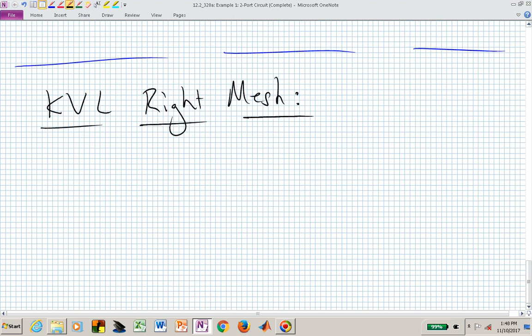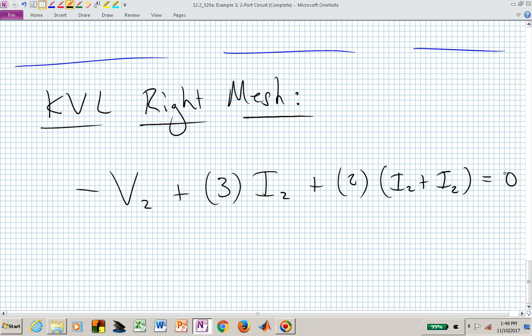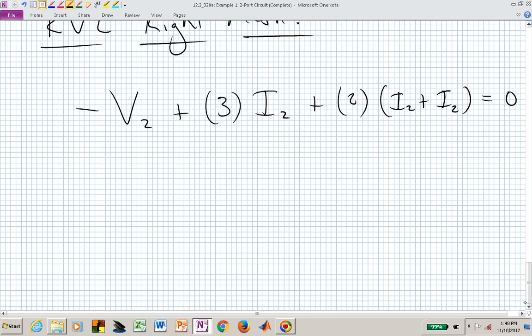Then at the right mesh, we have minus V sub 2, 3I sub 2 plus the vertical resistor, which had a value of 2, times the sum of I sub 1 and I sub 2.